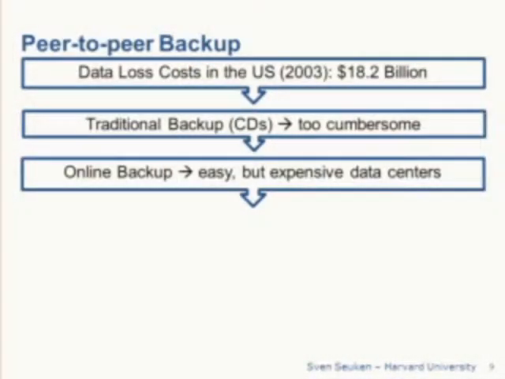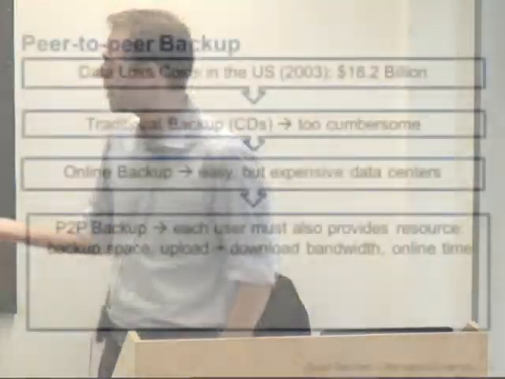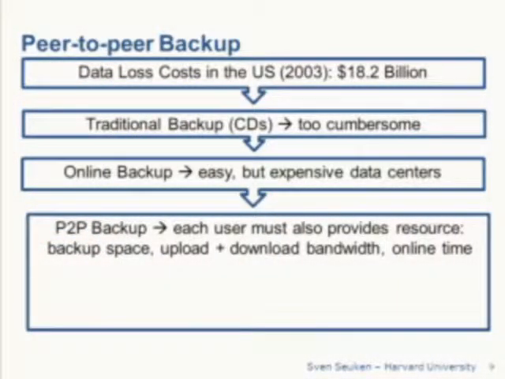So to address the expensive data center point, one idea is to use peer-to-peer backup, where each user that is consuming some of the backup service also has to provide some of his resources in return. And the resources that we need are backup space, upload and download bandwidth, as well as online time.